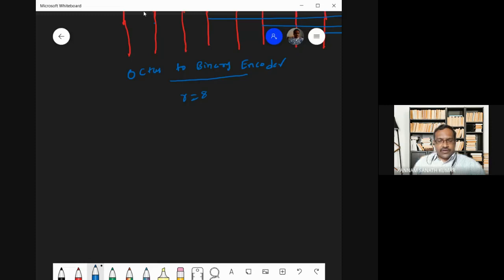In order to convert octal into binary, if you write octal in terms of 2 power, that is 2 cube, so octal in binary is represented in 3 bits. Let us consider that the 3-bit outputs are B2, B1 and B0.